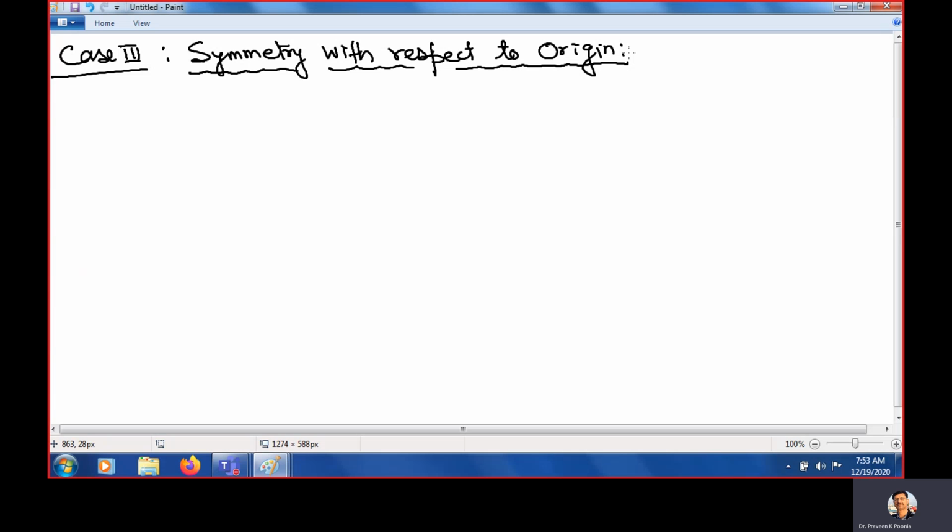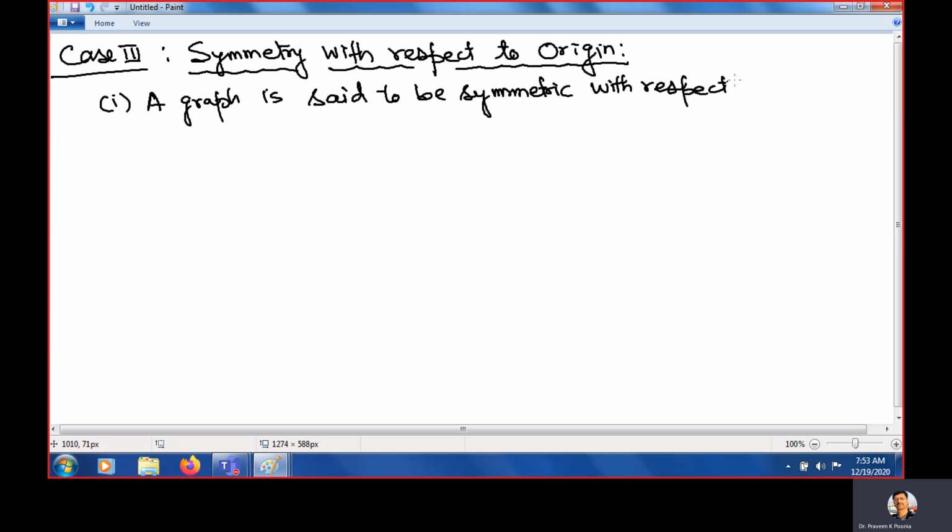So now we are in third point. This is the first definition: a graph is said to be symmetric with respect to origin if (x, y) and (minus x, minus y) are on the given graph.